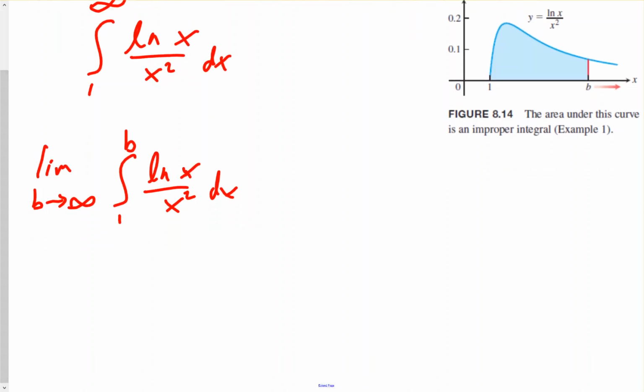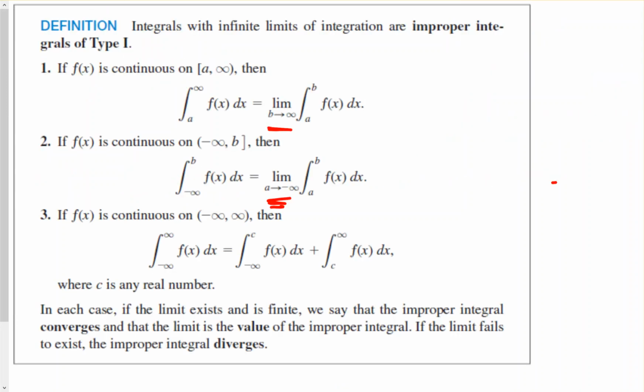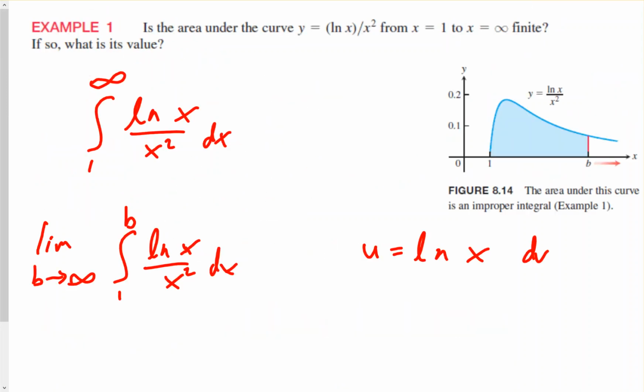So now normally what we do is we integrate like normal, right? So we try to integrate ln of x over x squared. So we would do this with an integration by parts model, right? We could say that u would equal ln x, dv would equal dx over x squared.